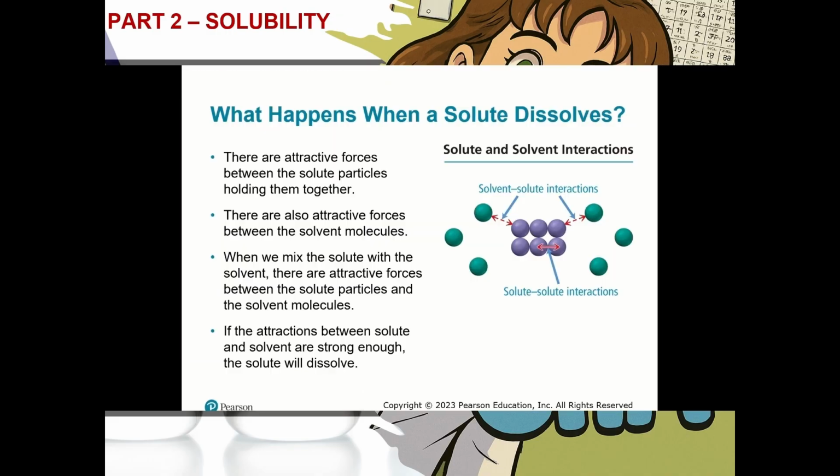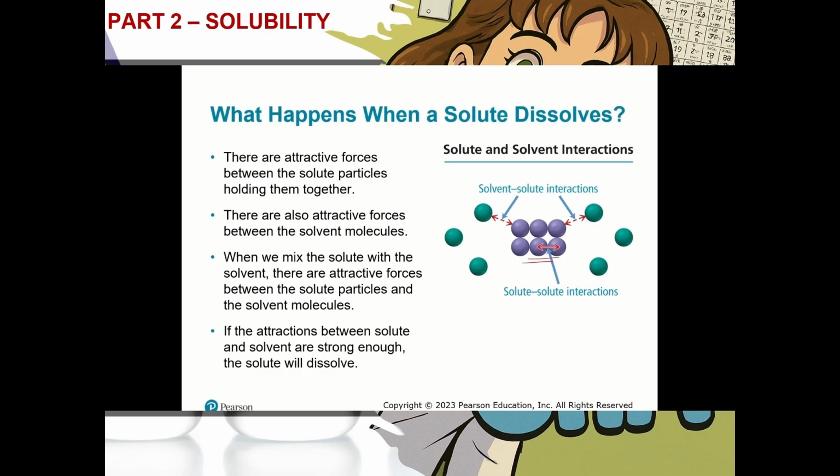So here we're going to talk about solubility and how the solute dissolves. When a solute dissolves, the attractive force between solute particles and the solvent molecules must be strong enough to pull the solute apart. So here you see the solute-solute interaction, between the atoms that form the compound, the solute, the solid.